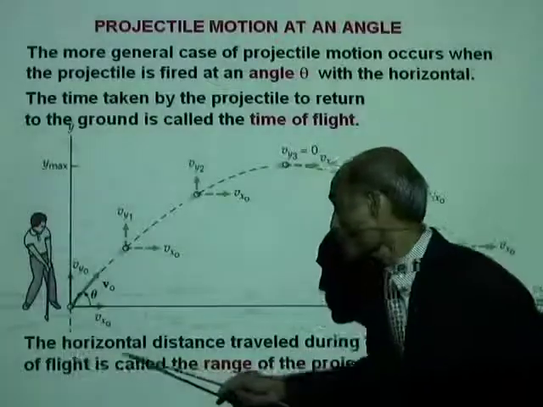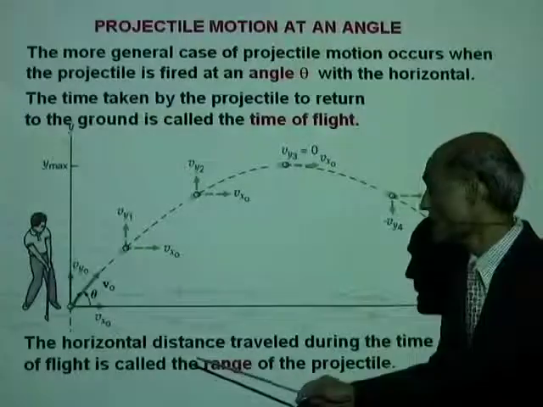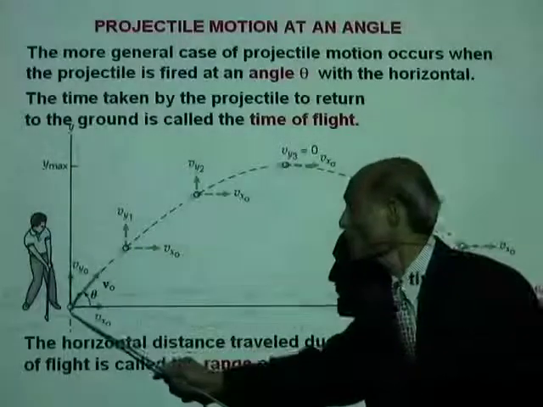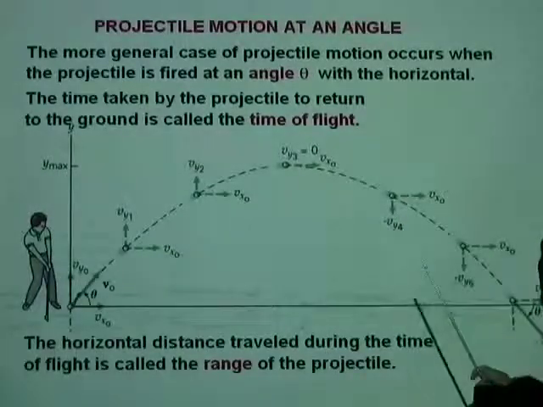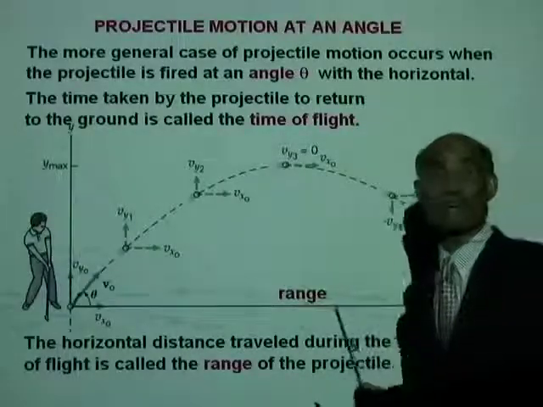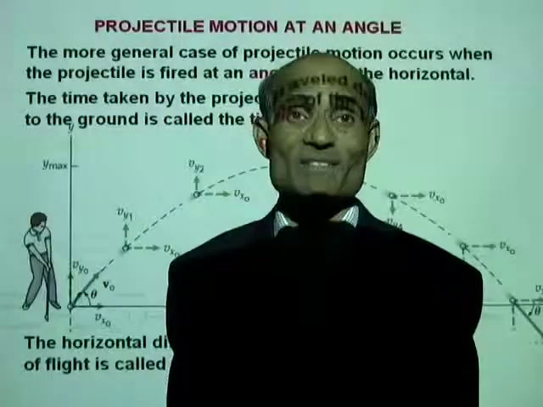And the horizontal distance traveled during that time of flight is called the range of the projectile. So range of the projectile is this horizontal distance it traveled during that time of flight. So some of these terms are very important for us.